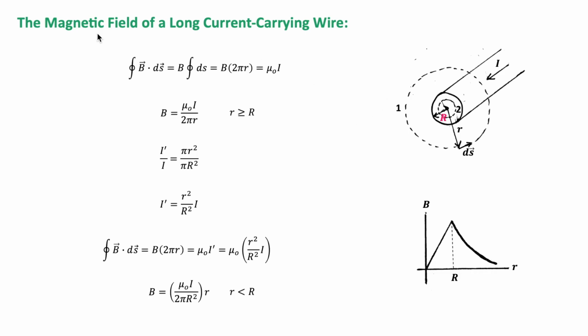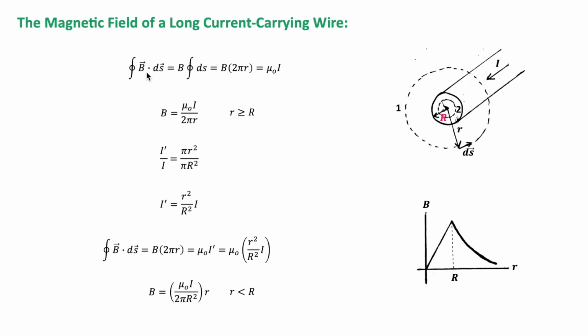So we will now discuss the magnetic field of a long current carrying wire. So consider a long straight wire of radius R carrying a current I that is uniformly distributed over the cross-section of the wire, and we want to calculate the magnetic field at a distance r from the center of the wire. Okay, so for this path 1 here, we have this integration.